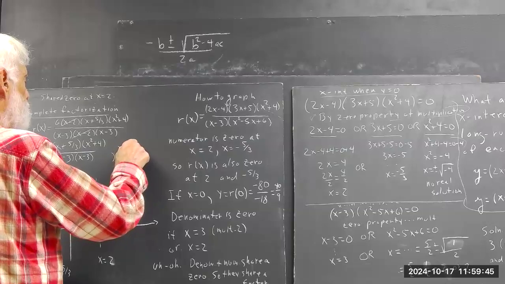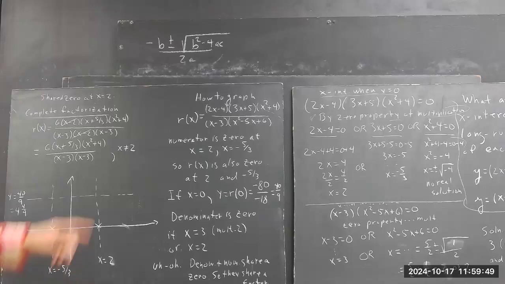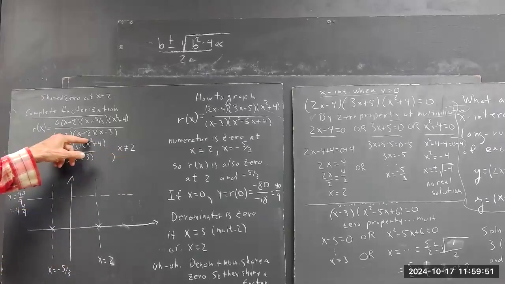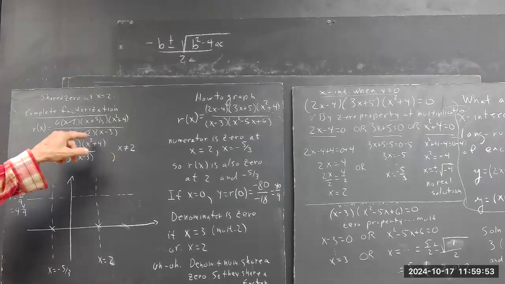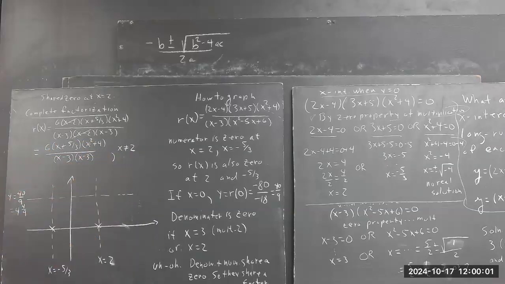But x can't be equal to 2, because if x is equal to 2, x minus 2 is equal to 0, and we can't divide by 0. Division by 0 is undefined. This means we have to exclude x equals 2 from the domain.